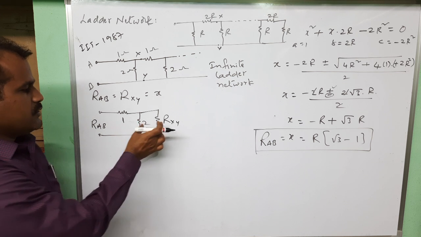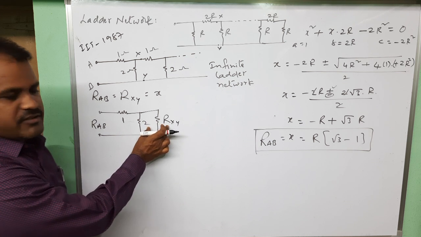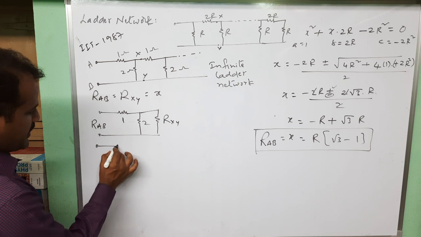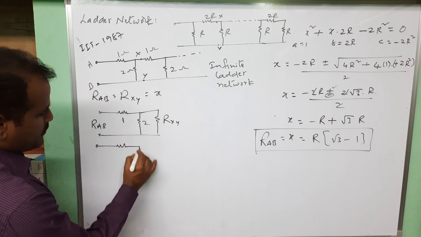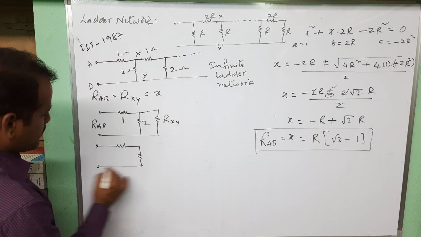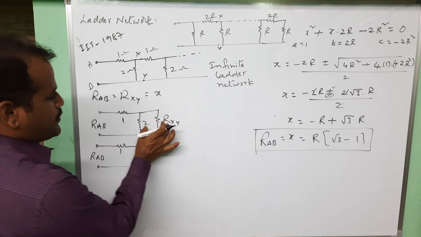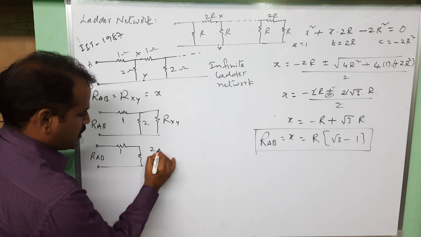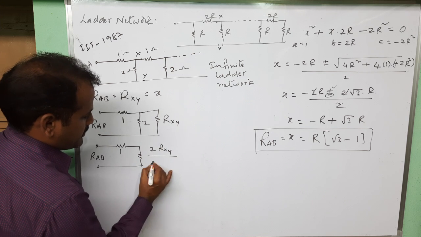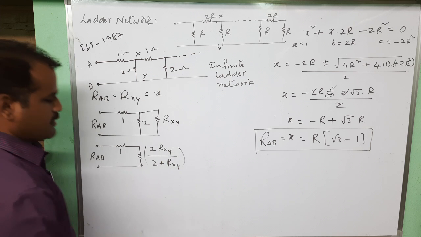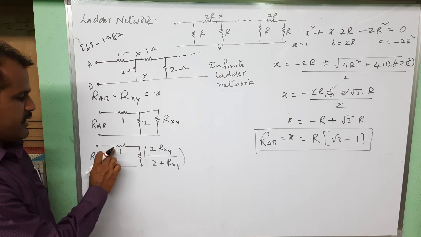Fine. So this one is a parallel combination of two resistors. So this circuit we are further simplifying with a single resistor. Here it is RAB, here 1 ohm. The parallel combination is the product of these two resistors divided by the sum of these two resistors. Again these two are in series.